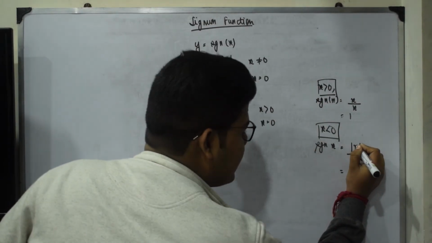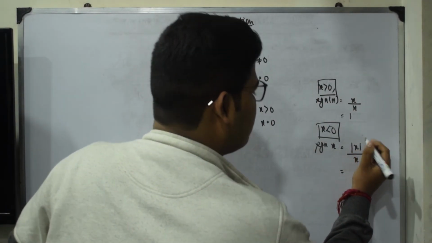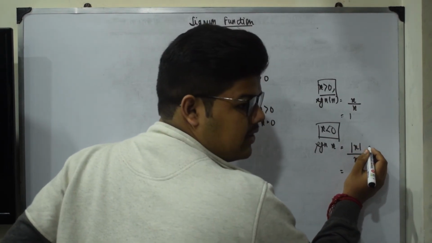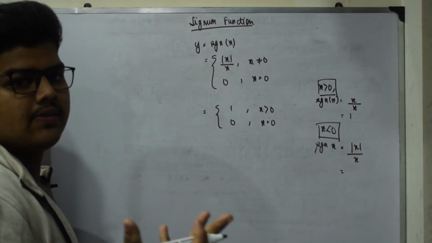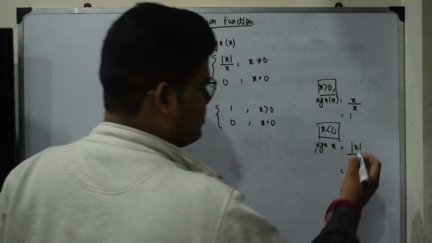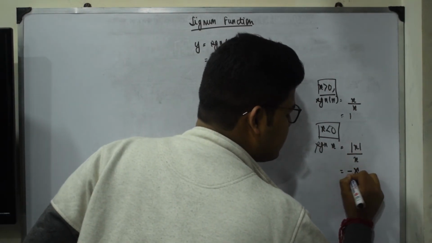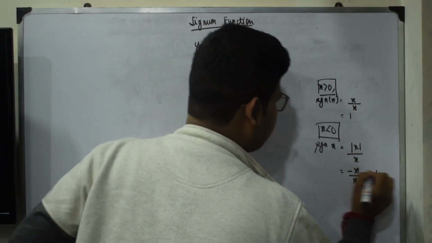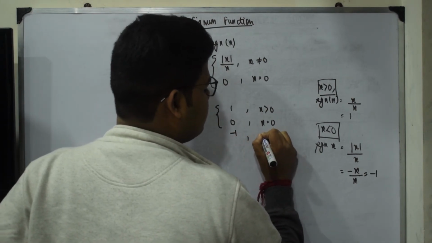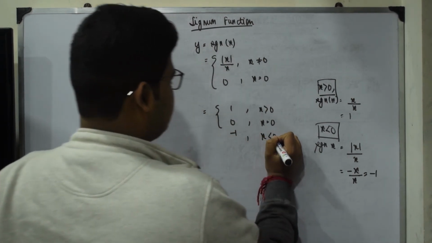As x is negative, it will come out with a negative sign after the mod goes, because the modulus function always returns a positive value. So minus x is coming out, which is giving us minus 1. So it is minus 1 for x less than 0.